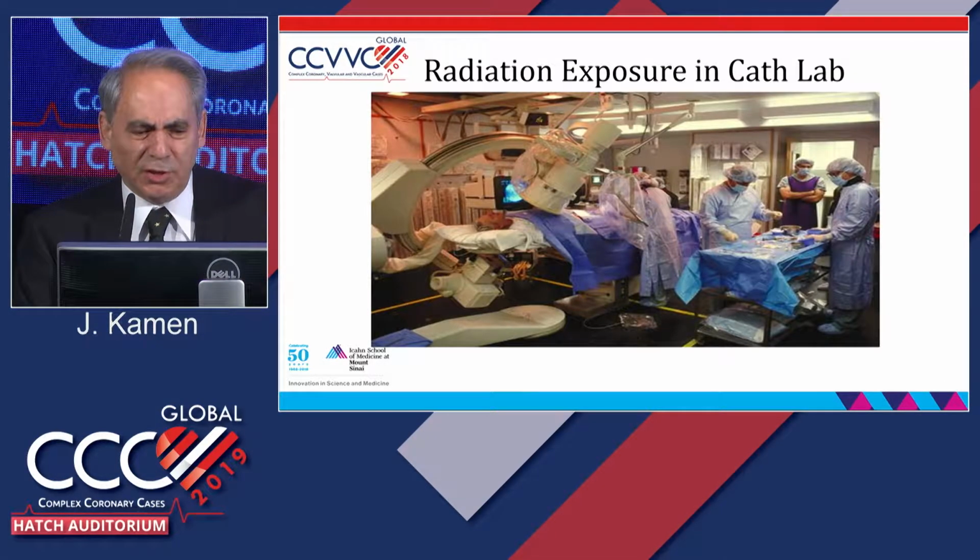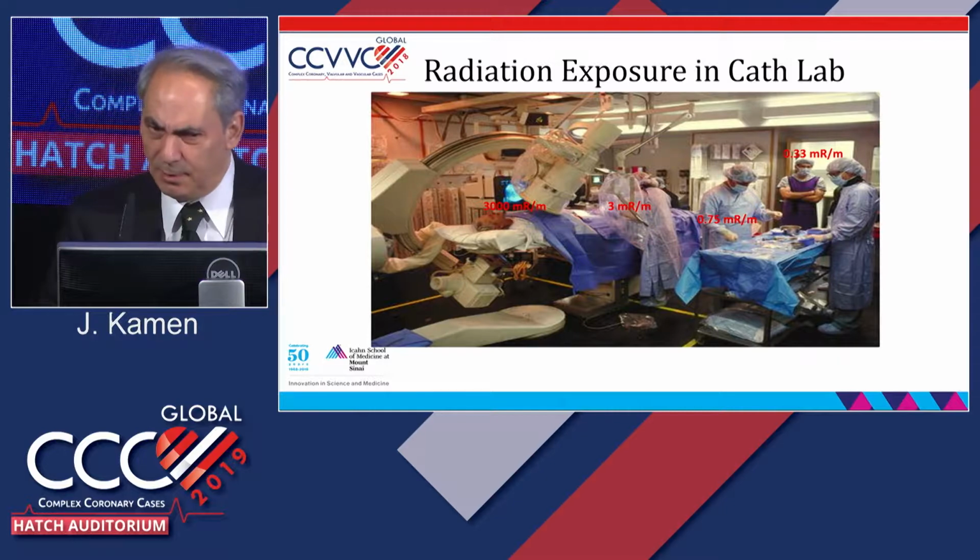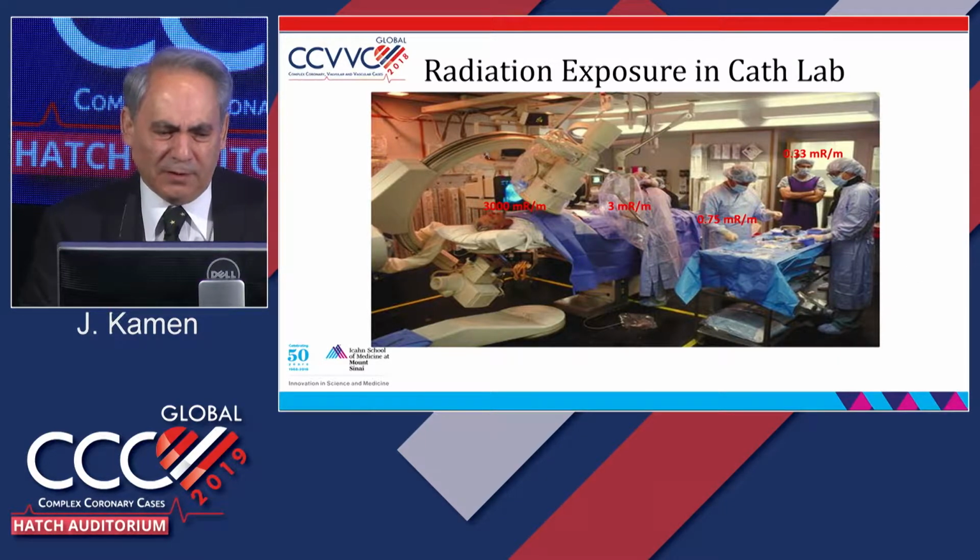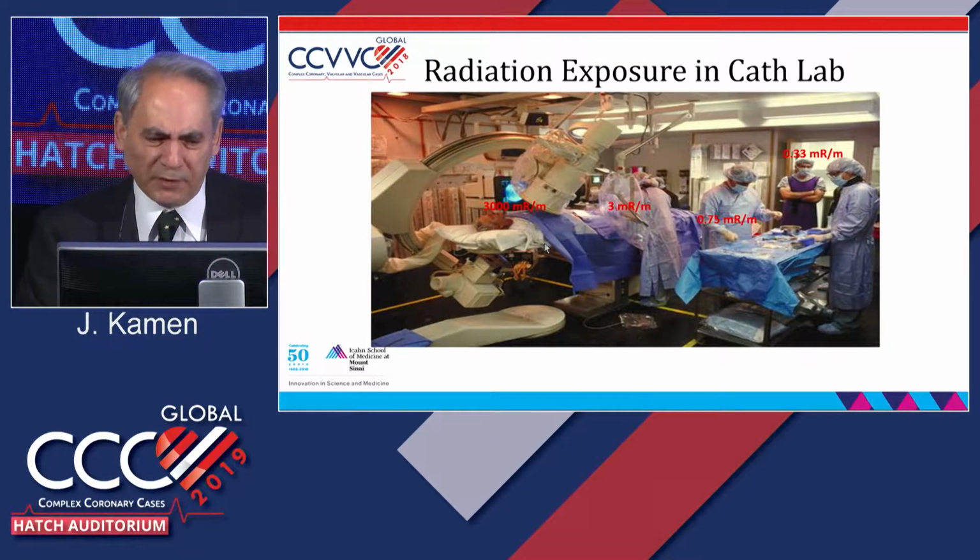How much radiation do you get in a Cath lab? This is a very important slide. This is the beam that goes from here to here, straight. The scatter is 90 degrees. On top of the bed, it's about 3,000 millirem per minute.